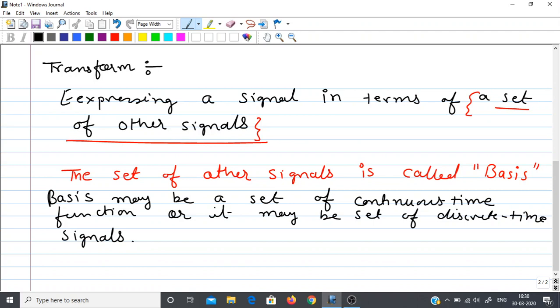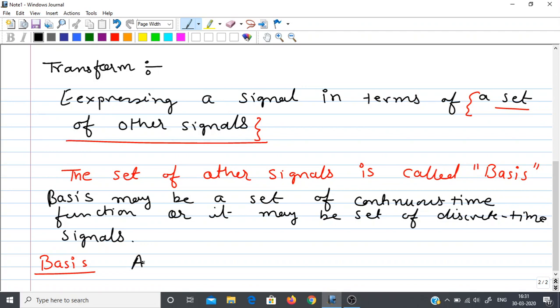Now, this basis term is borrowed from linear algebra, and I have given you the crude definition of basis. So, I will try to explain in a little more detail what you mean by basis. What is the basis?